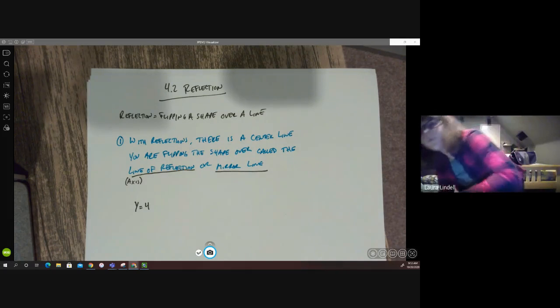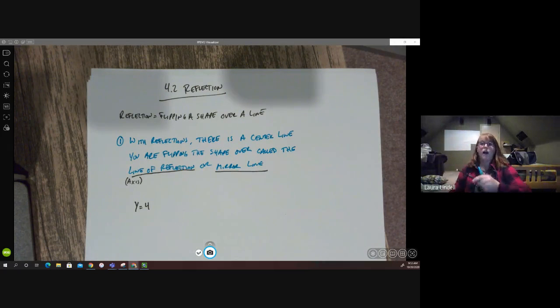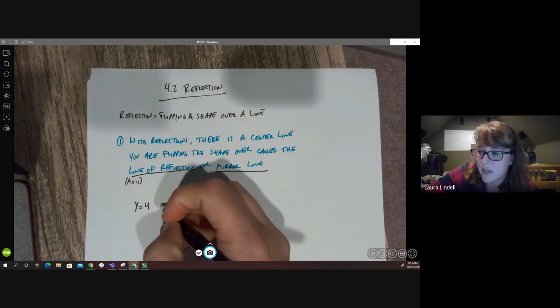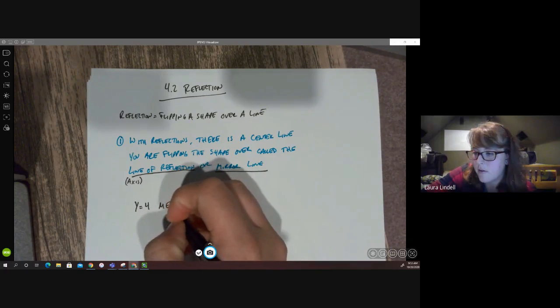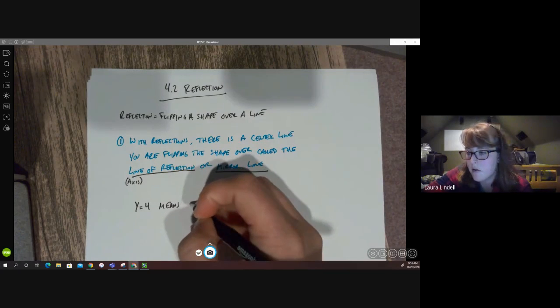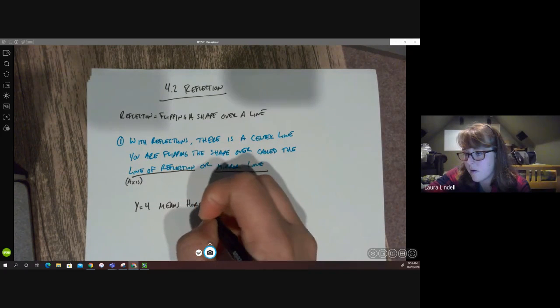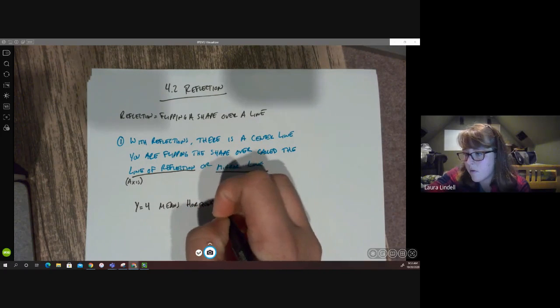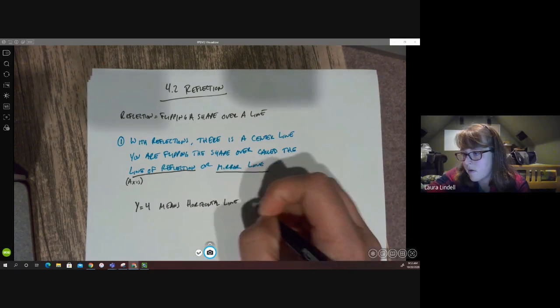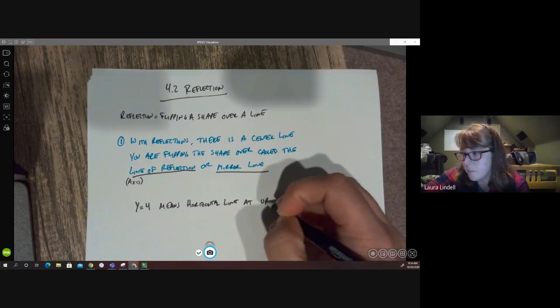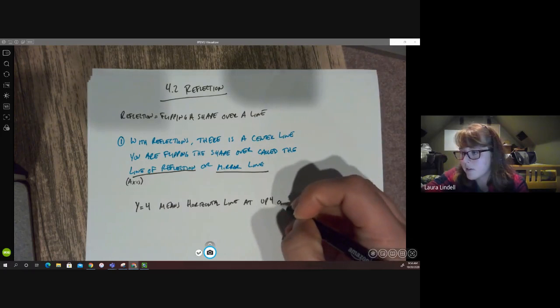So when we see something like y equals 4, we need to know that that is a horizontal line at up 4 on the y-axis.